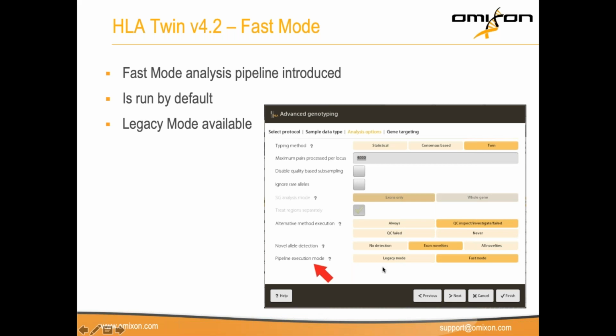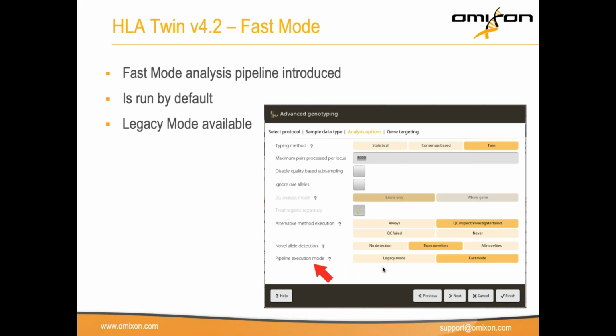A lot of people have asked, well, why is this still available? What is the point? Why would anybody want to use this? Well, the only reason is that we understand some laboratories may want to validate the fast mode against the legacy mode.